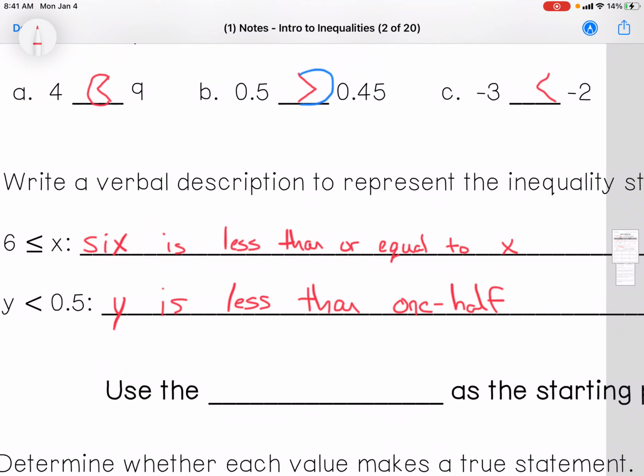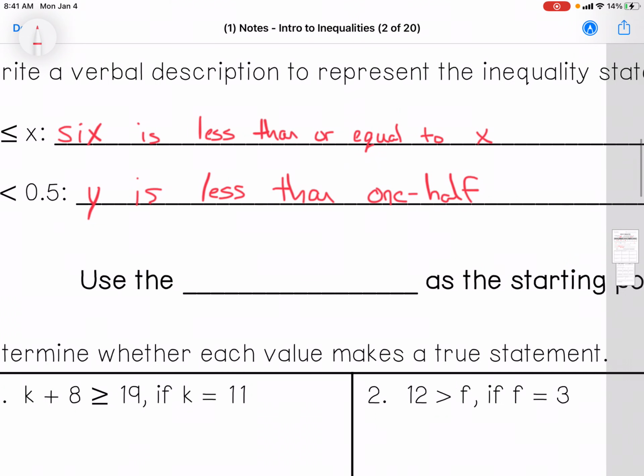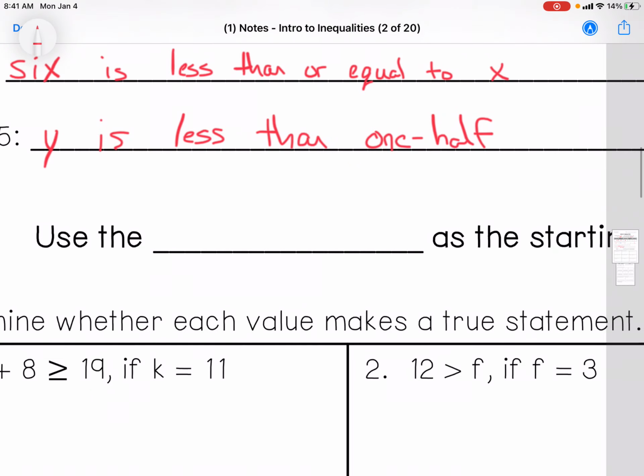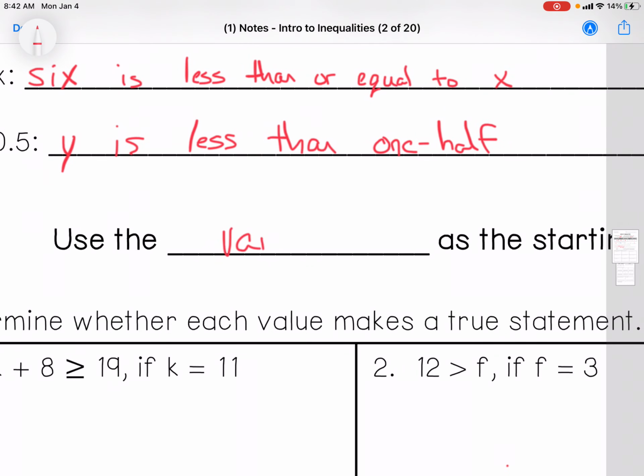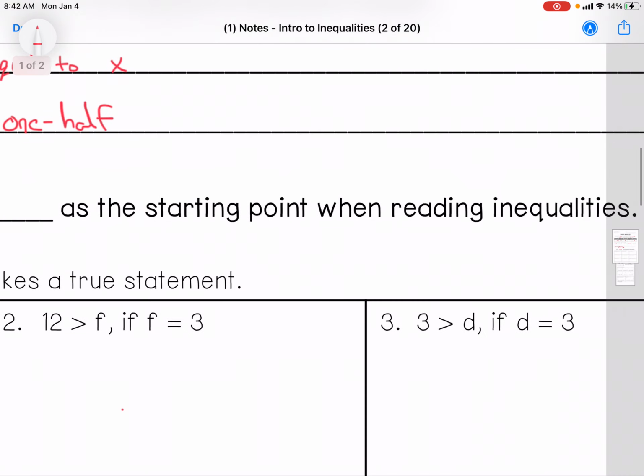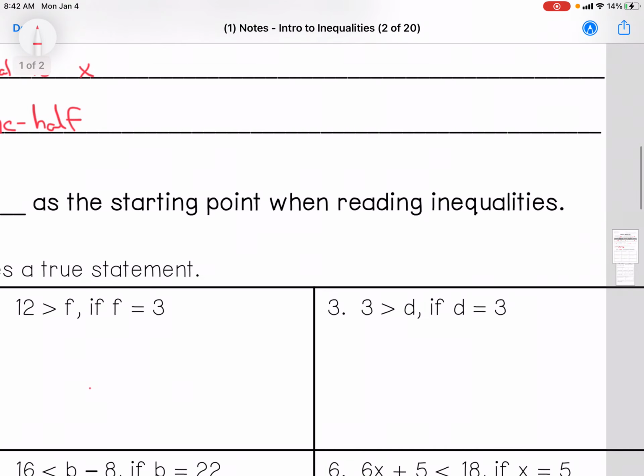All right, use the variable as the starting point when reading inequalities.